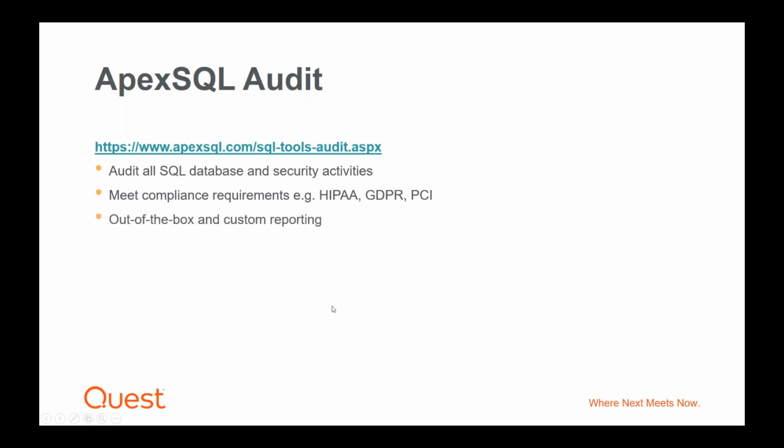We need to provide out of the box and custom reporting and securely store this audit data centrally in a tamper evident repository. This is another aspect of that. If you're going to suggest to an auditor or to your data governance team that you are monitoring who is accessing the data, the obvious question will be, what about you accessing that data, at least through an account that's got a sysadmin role, and what would there be to stop you just covering your tracks?